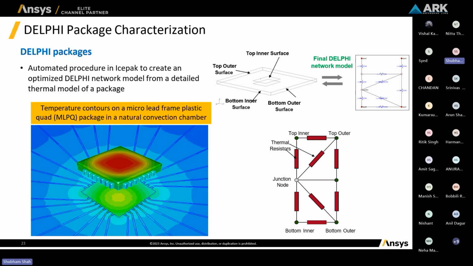So these are a few of the Delphi package characterizations which are available. This is for the temperature contours on a micro lead frame plastic package with the help of a natural convection chamber. This is how we have defined it. This is the top outer surface, the bottom outer surface, and this is the final Delphi network model which has been used.